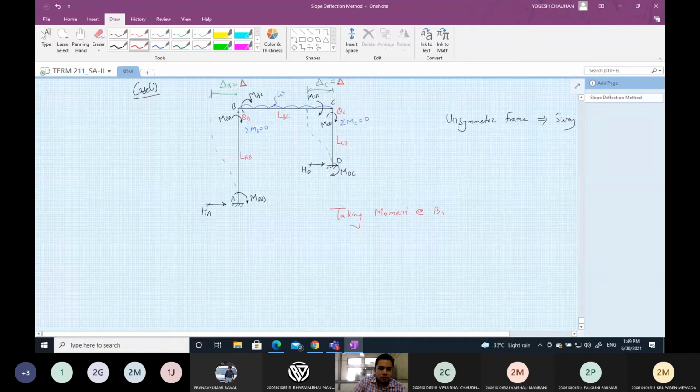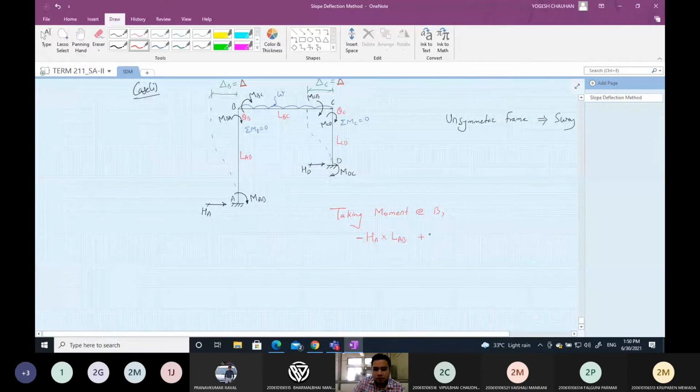So moment at B will be HA into LAB. Now this will be in anti-clockwise direction, so minus, then MAB is positive because it is clockwise, plus MAB, plus MBA, this is also we have assumed clockwise, so positive, plus MBA equal to 0.